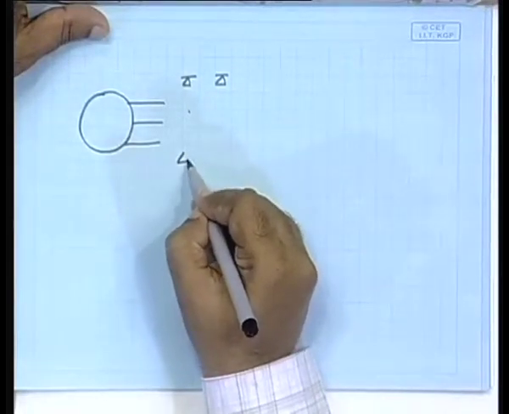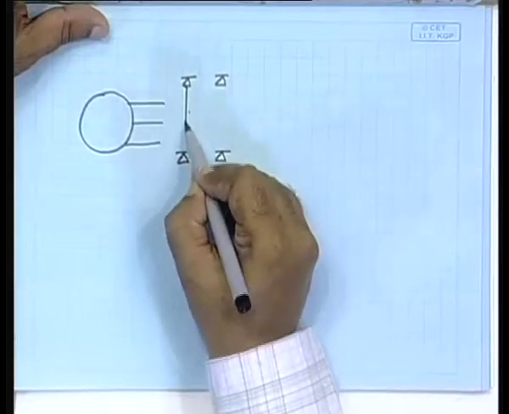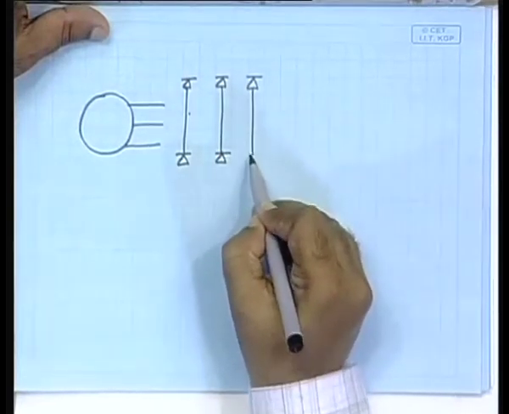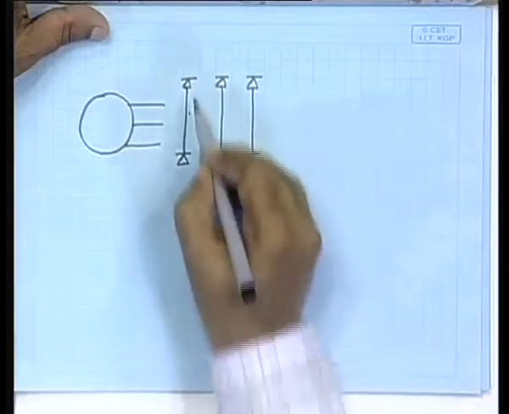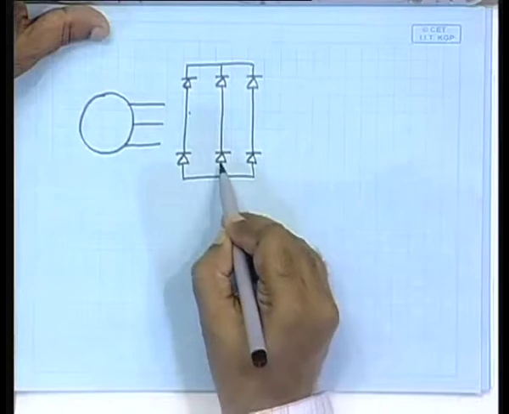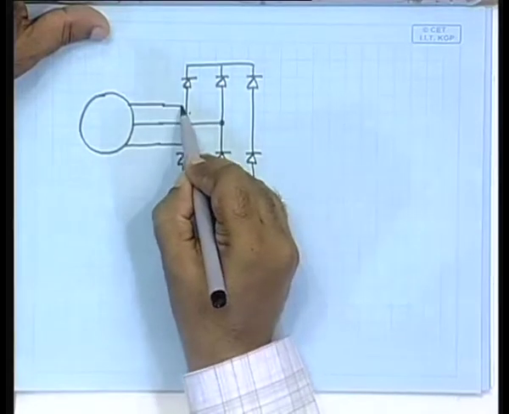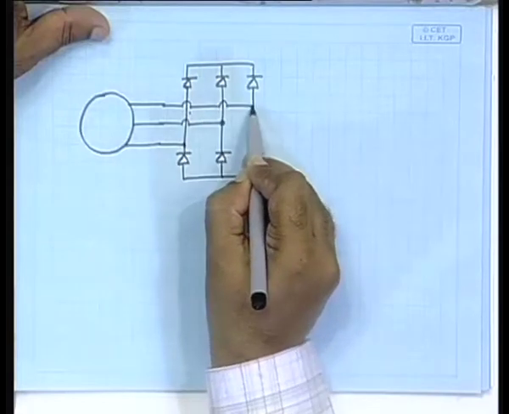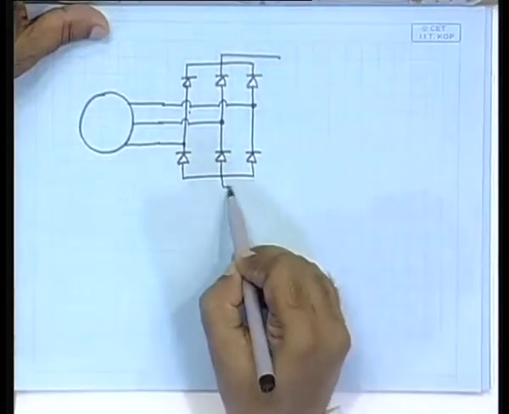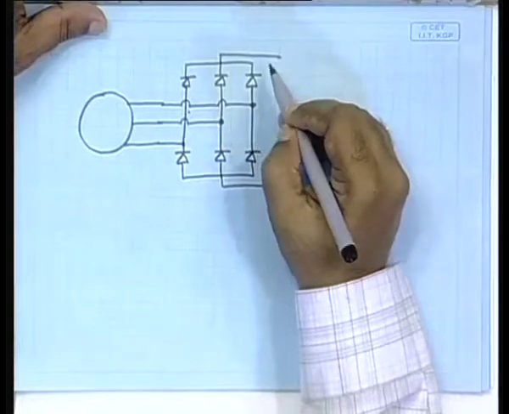Here I will draw. So, you have a DC generated at this point by this rectifier arrangement, and that DC will have the ripples.